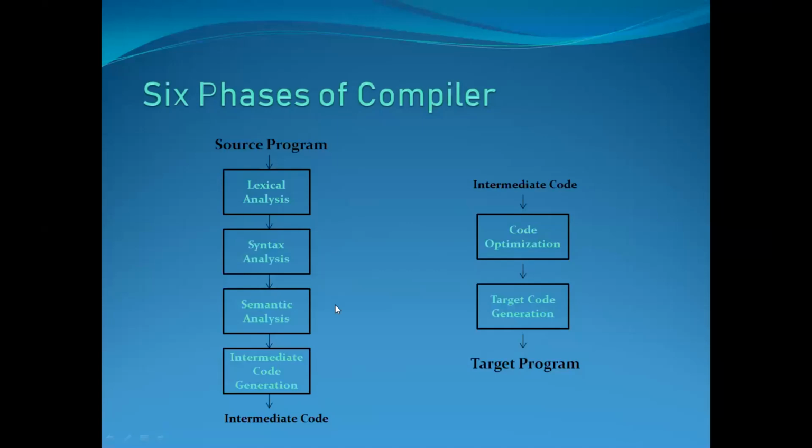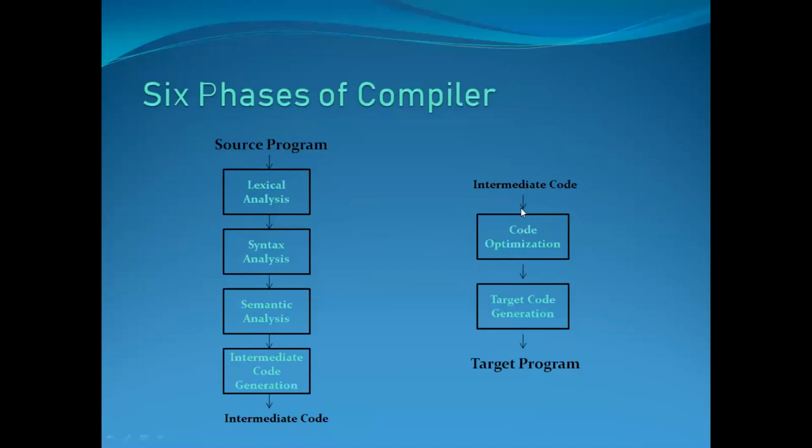Okay. So I repeat, the high-level language source program is first lexically analyzed, then syntactically analyzed, then semantically analyzed, and after that, it is converted into an intermediate code. And after that, this intermediate code is optimized.